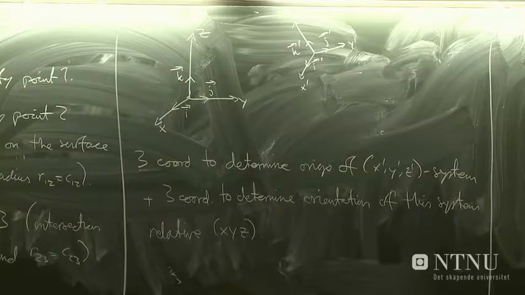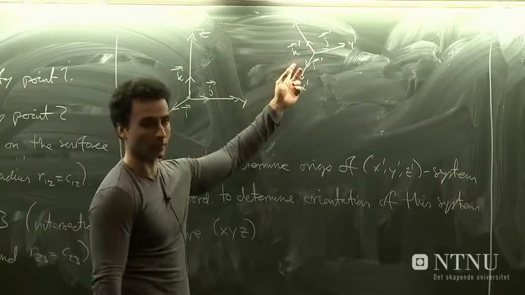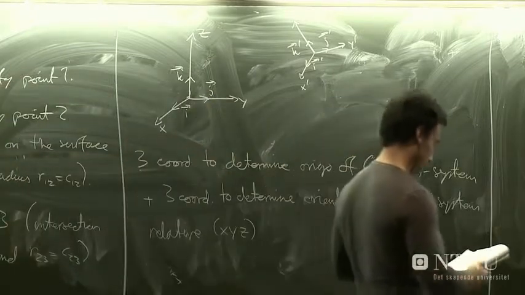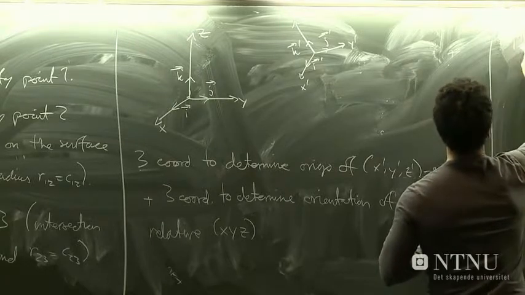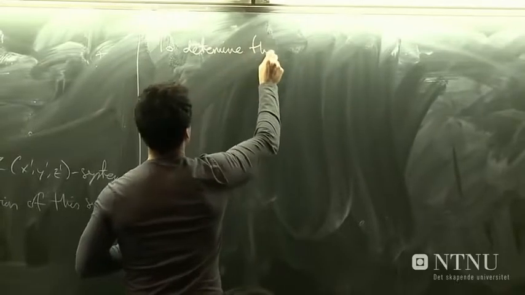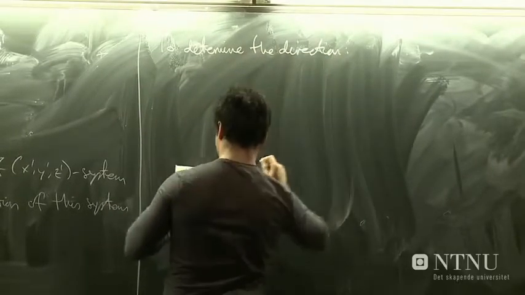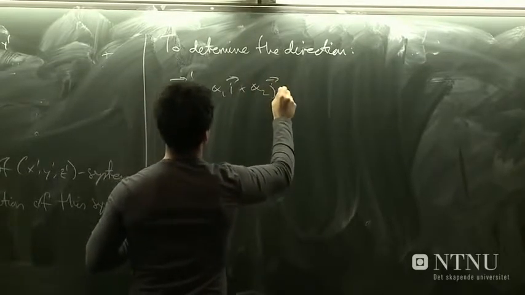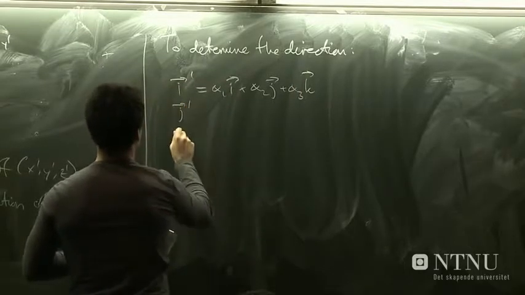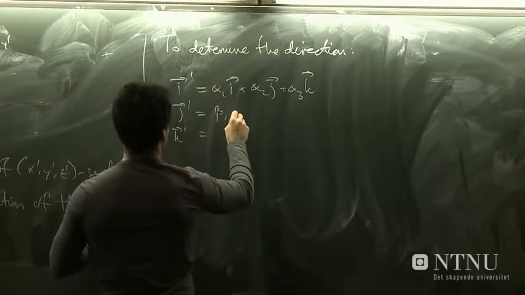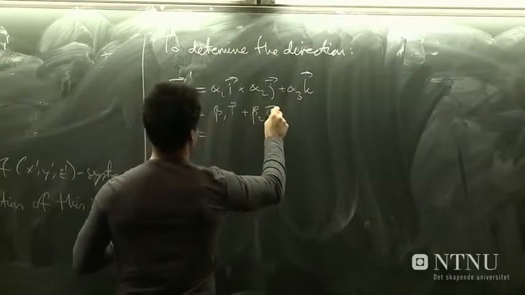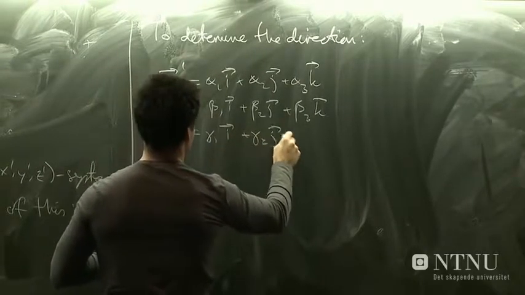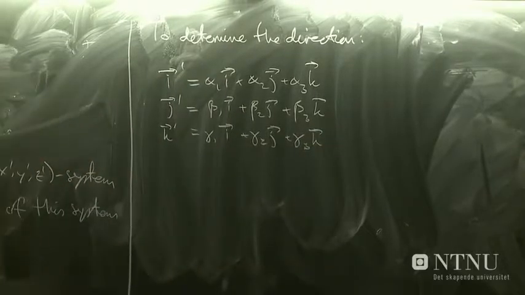Now, to accomplish this, we need to find some way to express vectors in this coordinate system in terms of vectors or coordinates in this coordinate system. And this is one way of doing it.